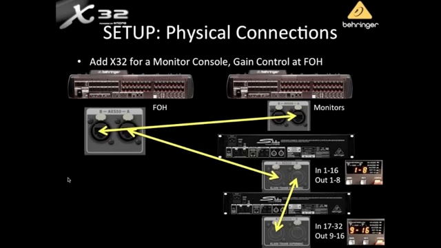The reason for this is one might try connecting to the B port, this open B port on the S16 here on the bottom, and connecting a console here, but you can't create a split here that way. So you need to be sending that off of another console. So basically what we have here is our monitor console, our front of house console has a long cable running to the stage, connecting to the S16s. And then there's a second cable that's just going straight to the monitor console.